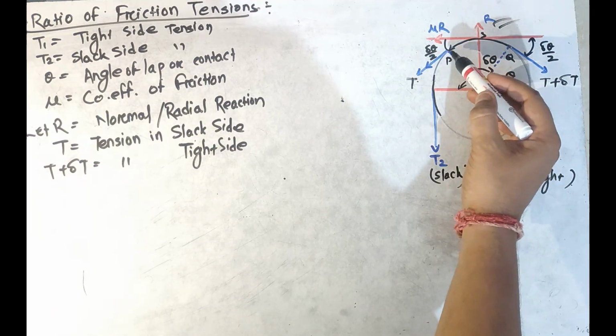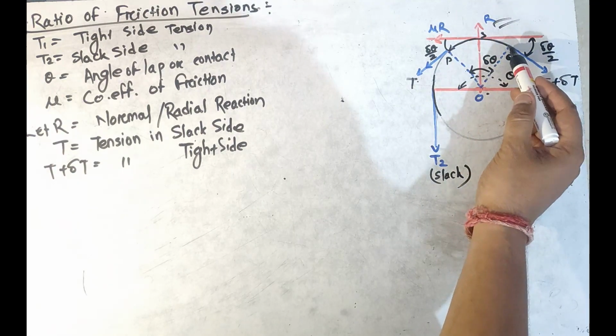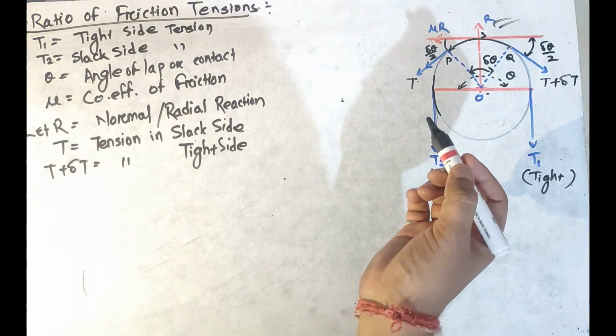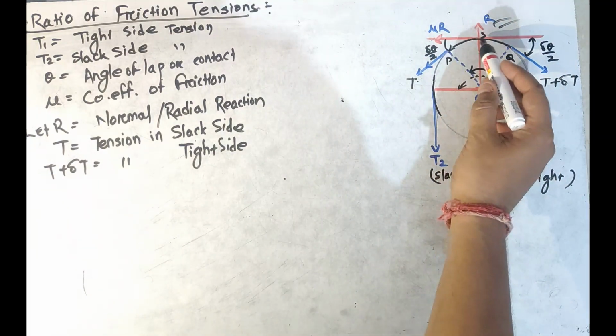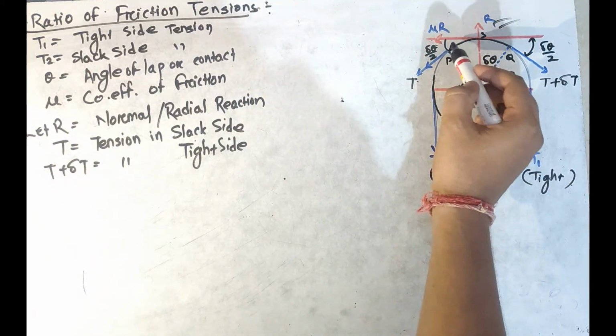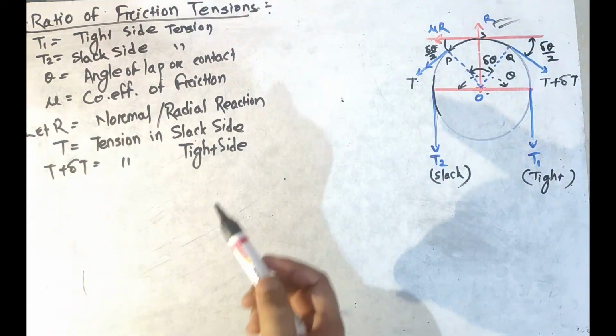Obviously mu R will be acting in the tangential direction to this particular element of the belt. So this is the direction of mu R and this is the normal reaction R.